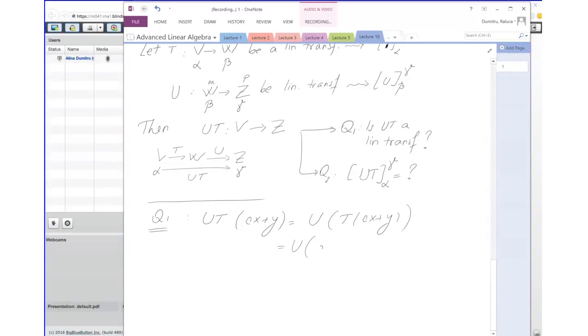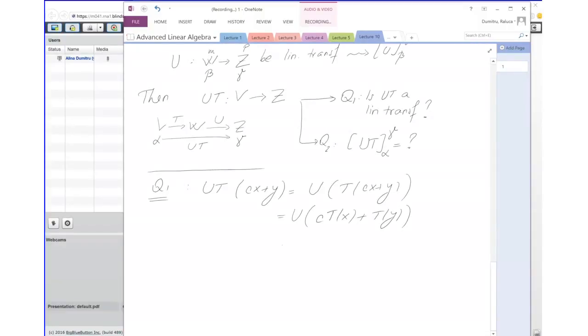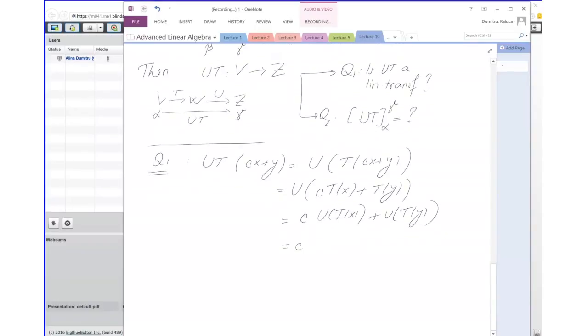So T of Cx plus Y is C T of X plus T of Y. All right, but U is also linear, so I can distribute U now, and this is C times U of T of X plus U of T of Y. Which is just C times U composed with T of X plus U composed with T of Y. So we're done. It is linear.